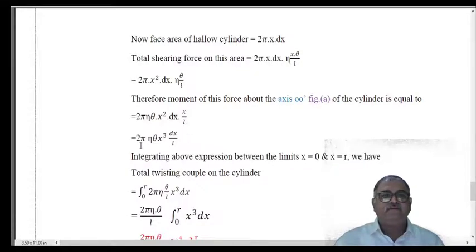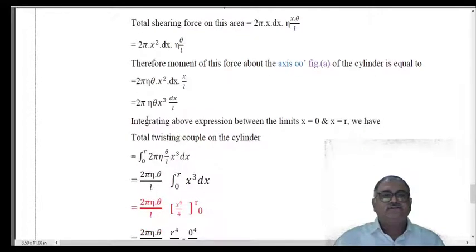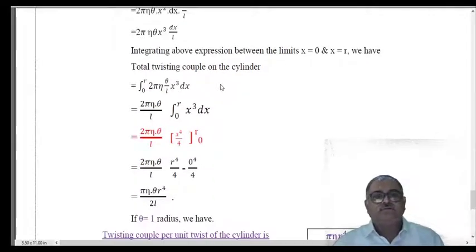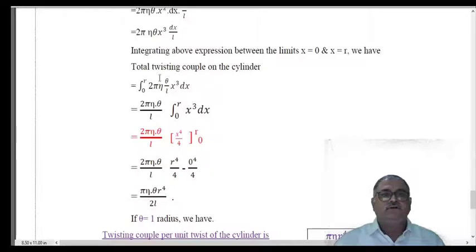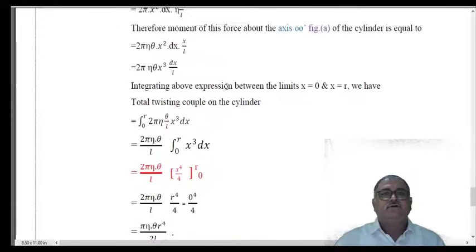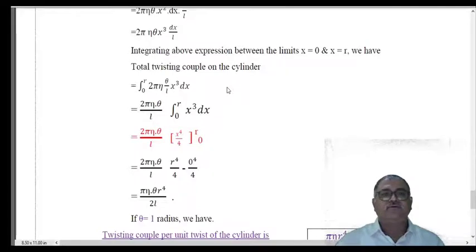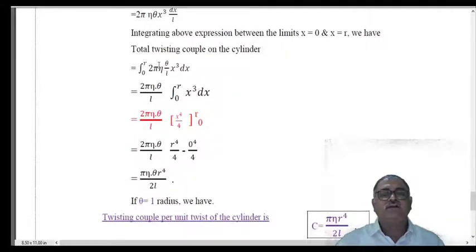And see here, x and this x, we will get x cube, 2 pi eta theta as it is, x cube, and dx by L. Now for the entire cylinder, we have to take the moment of this force. For calculating it, we will calculate the total twisting couple on the cylinder.